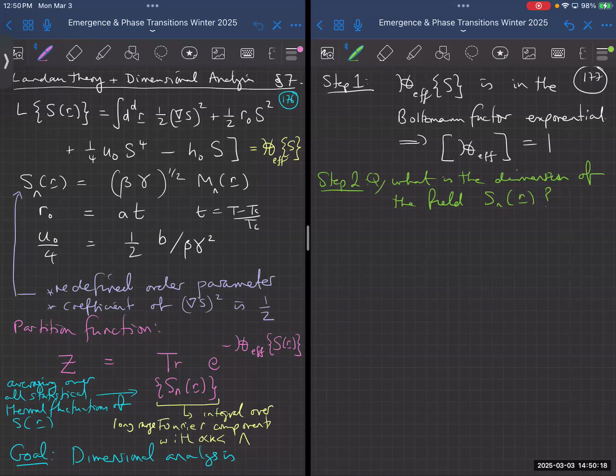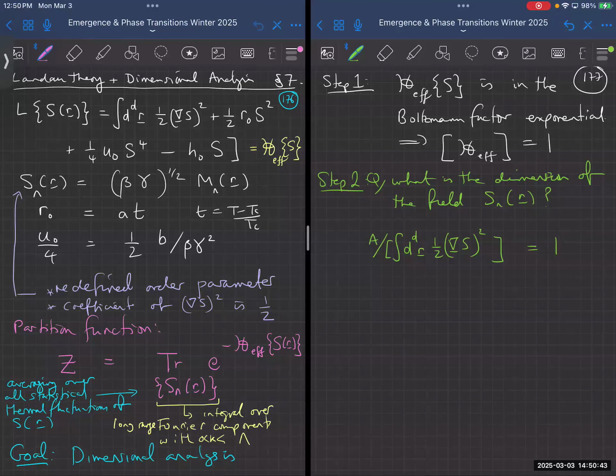So how do we do that? Well, we look at the first term in the Landau free energy, the integral d^d r of 1/2 grad s squared. So this thing must have dimensions of 1.